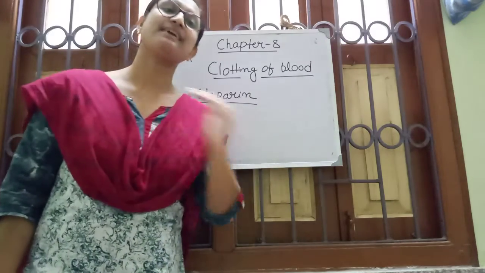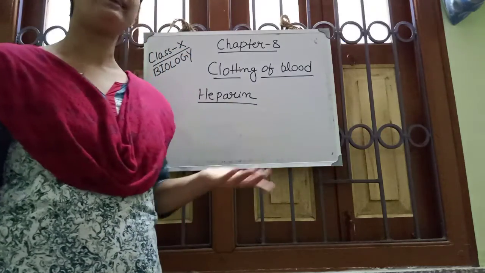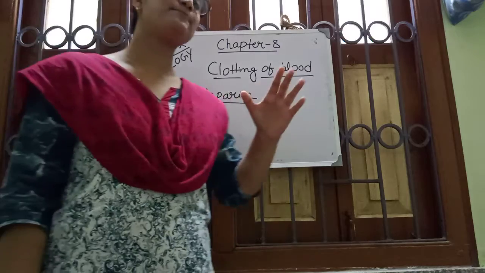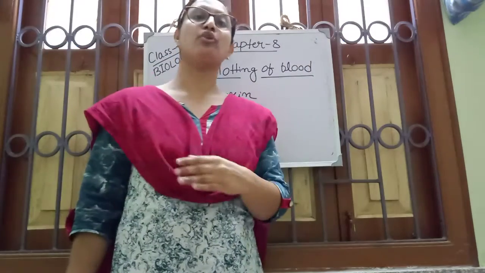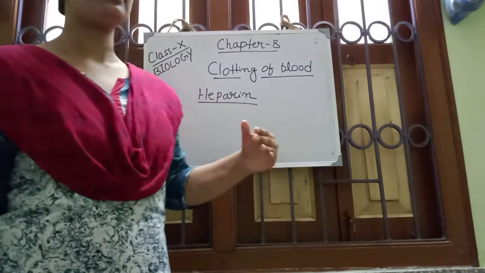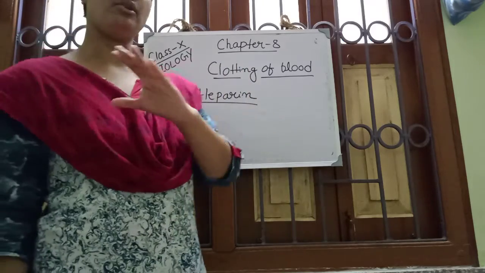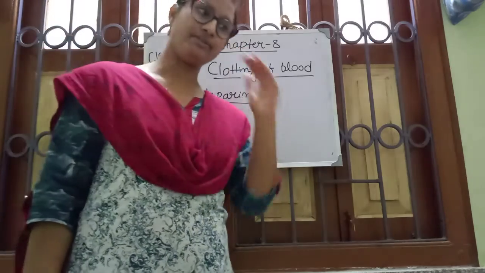When the blood escapes from the blood vessel and is exposed to the air, it starts clotting. This mechanism is very lengthy, but it is not all given in your syllabus.